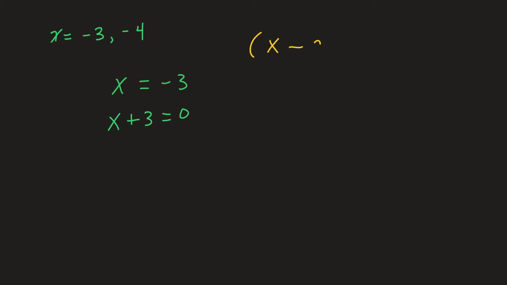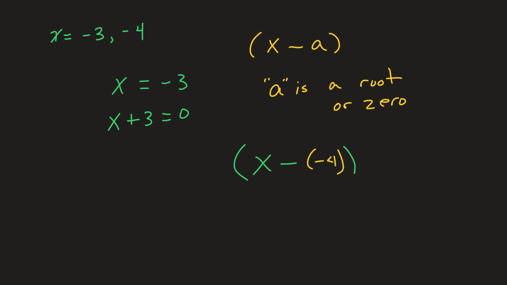x minus a is a factor, where a is a root or zero. Okay, so negative 4. If I take my negative 4, if I say x minus my a value of negative 4, then I can make a factor out of that, right? So x minus minus gives me x plus 4.